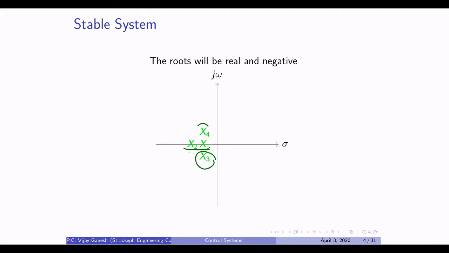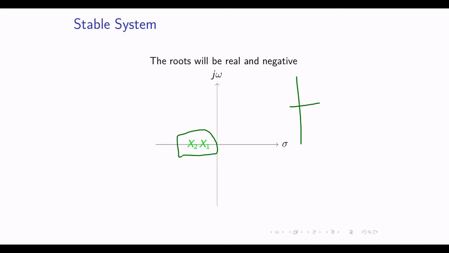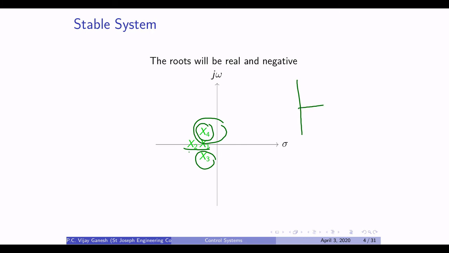Now if we look, two more poles are added, x3 and x4. Now it has a frequency component available, whereas in the two previous scenarios we don't have a frequency component. That means it is a DC one. It still comes under a stable system, whereas when there is a j omega component, our system response will have small oscillations.